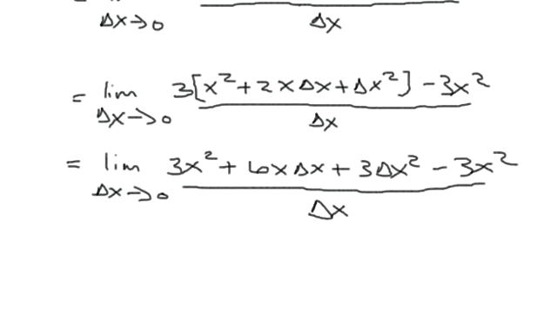Now we can cancel things out. So the 3x squareds cancel out, right? And that looks like that's it for right now.